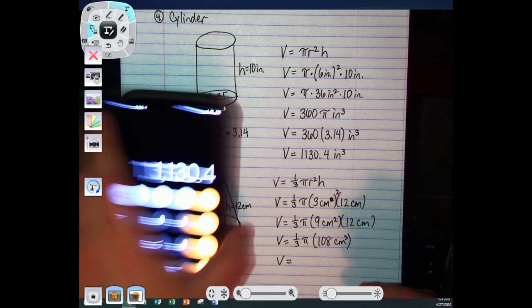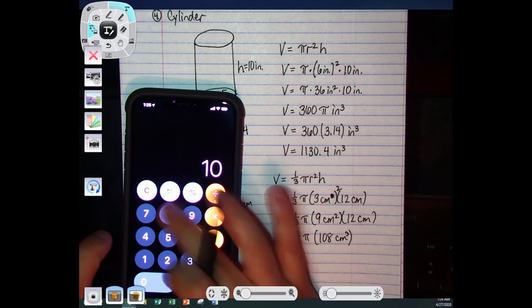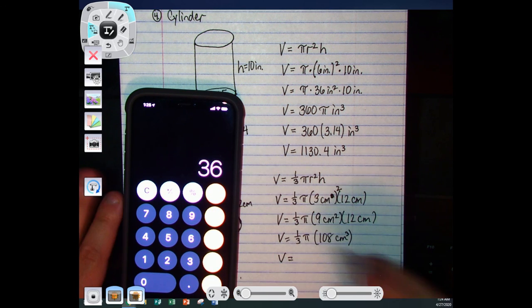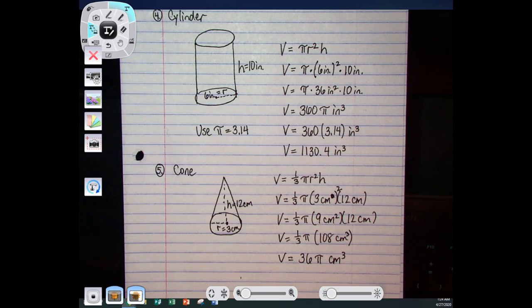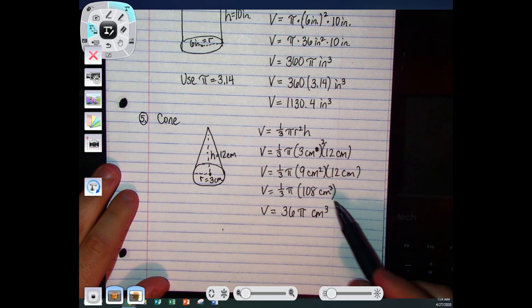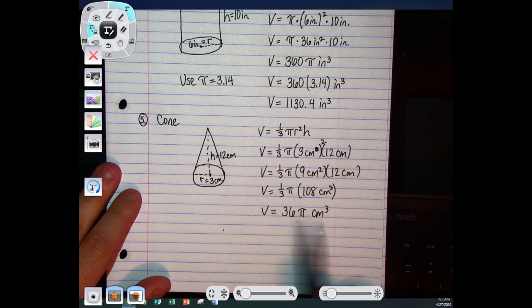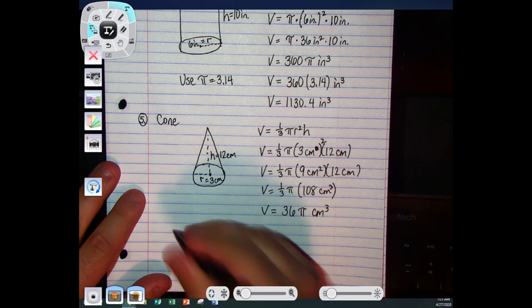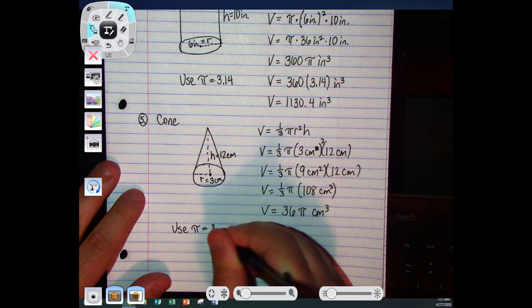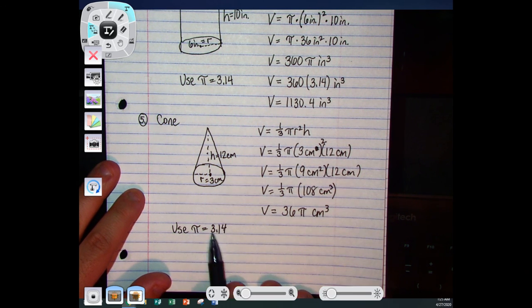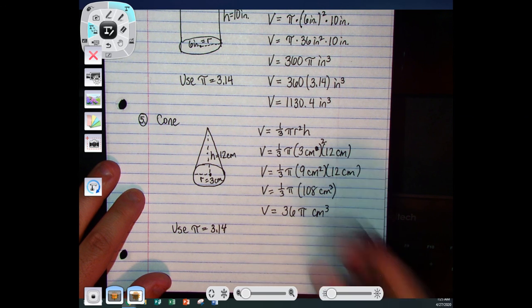Then 108 divided by 3 is 36. So the volume of this cone is 36 pi cubic centimeters. If the directions say leave it in terms of pi, leave it like this. If the directions say use pi equals 3.14, plug in 3.14 in place of pi.